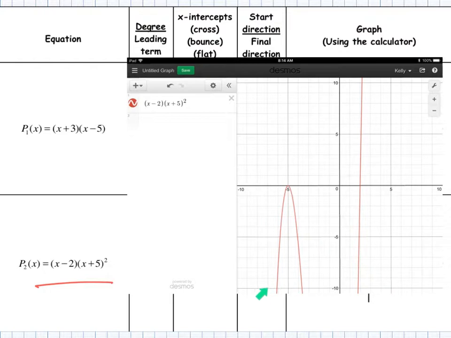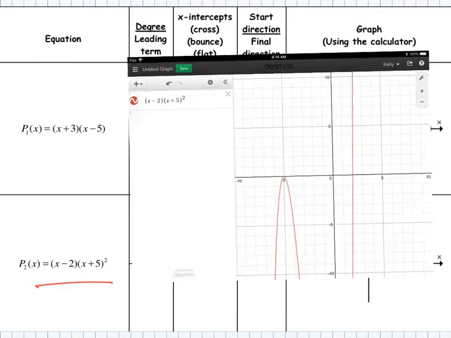So it starts pointing down, or the y values are increasing, bounces at -5, comes down, and it goes down really, really low. I left it that way on purpose. We just know that it's got to turn around there somewhere, and then it comes back up and goes through 2, and its end direction is increasing, or up.